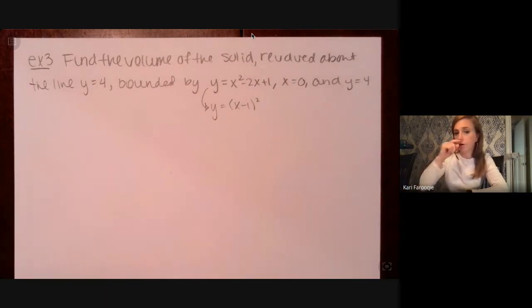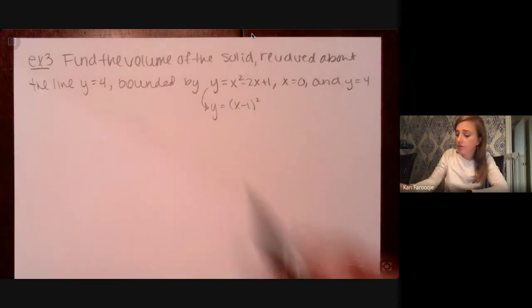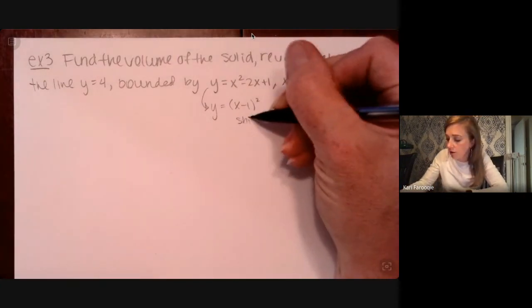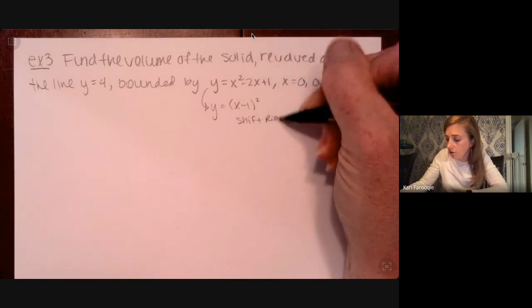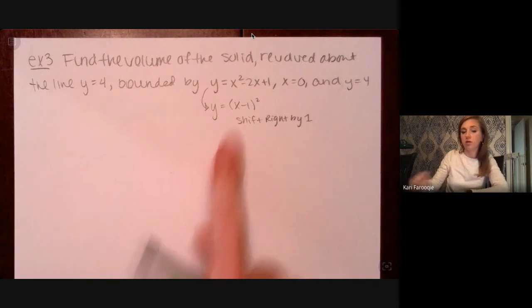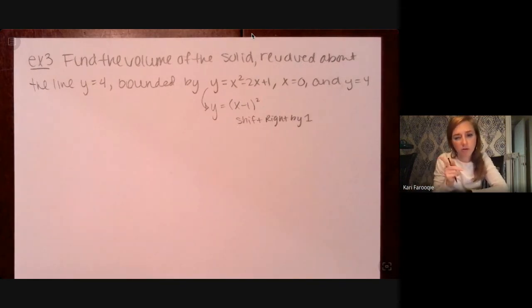That tells you that you're looking at a perfect square trinomial. You don't need to know that except if you're going to graph it. This means that you're looking at a standard parabola shifted right 1 unit, because remember, the minus sign is in the parentheses. That means we're shifting to the right.